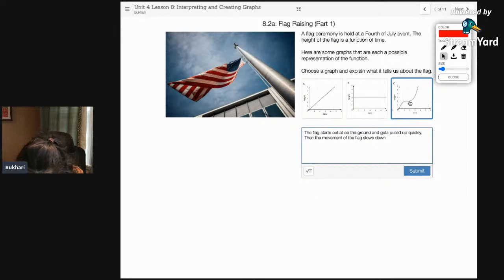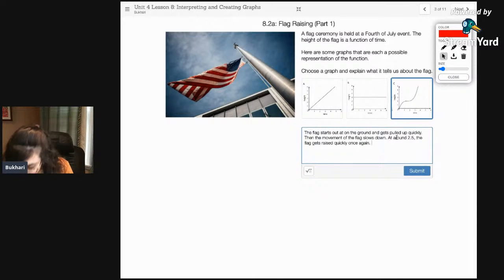All of a sudden it slows down and then it gets pulled up very, very quickly from 2 to 3. The flag slows down at around 2 to 2.5 seconds, and at 2.5 seconds we see that the flag gets raised quickly once again.